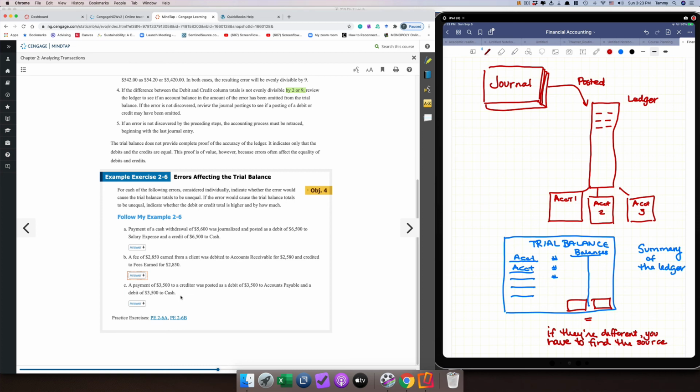Payment of $3,500 to a creditor was posted as a debit of $3,500 to accounts payable and a debit of $3,500 to cash. And so that means that you're going to be off by $7,000 because you basically double counted the debits where one of them should have been a credit, right?